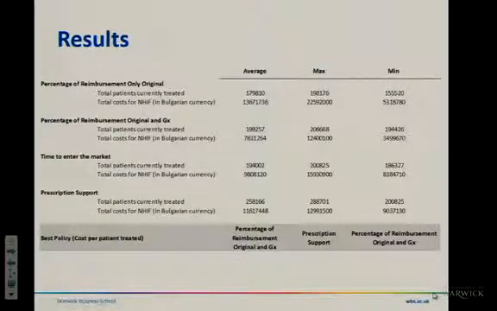The maximum policy, the best policy in terms of achieving the maximum access for patients, is the prescription support. And in this case, the maximum number of patients that will be treated is 288,700 patients. So compare 200,000 patients to 288,000 patients.